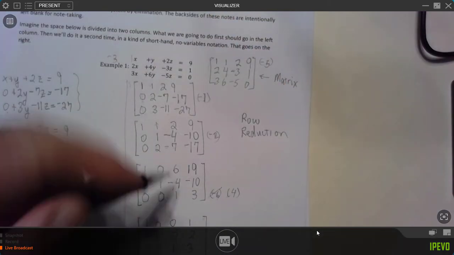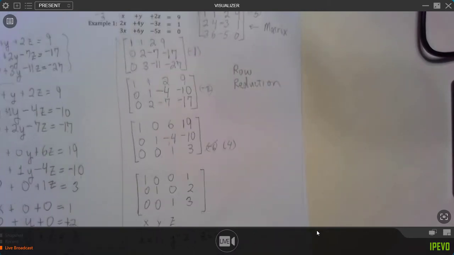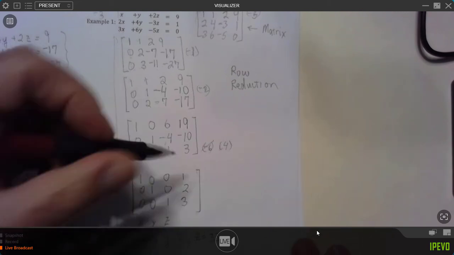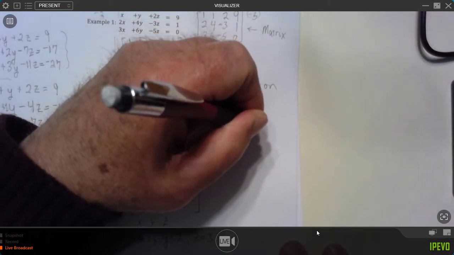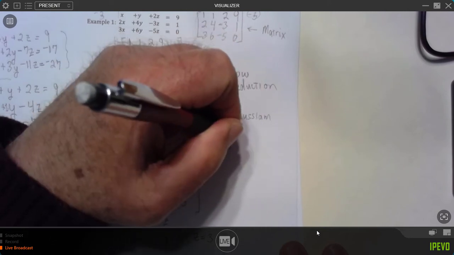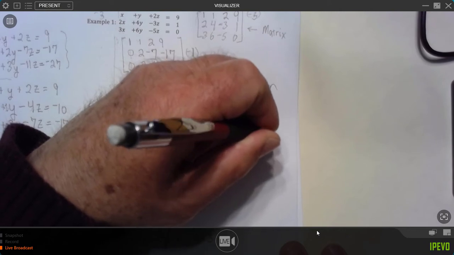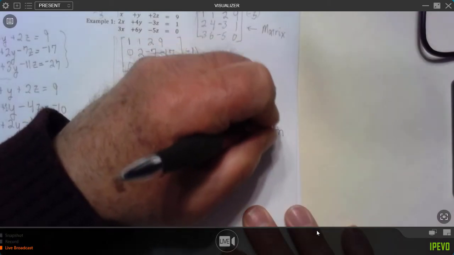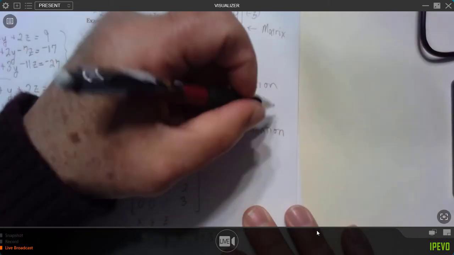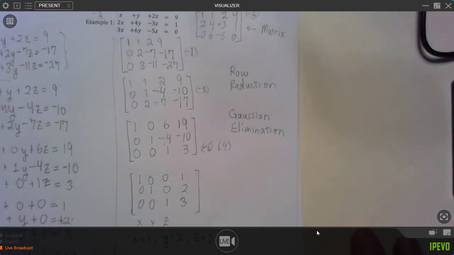And the whole process here of representing this in a matrix and row reducing it until you get down to this form is known as Gaussian elimination. I've also seen resources that refer to it as Gauss elimination. And that's an N, not an M. Gauss is the name, of course, of a famous mathematician.